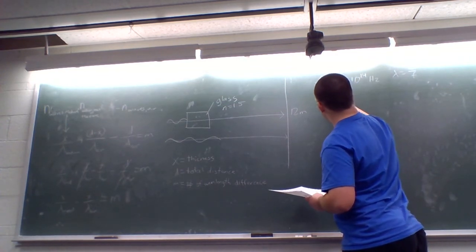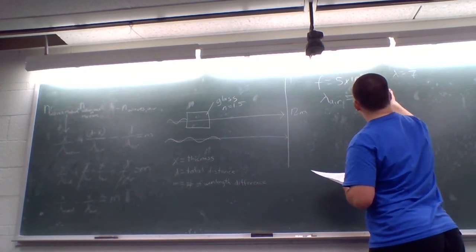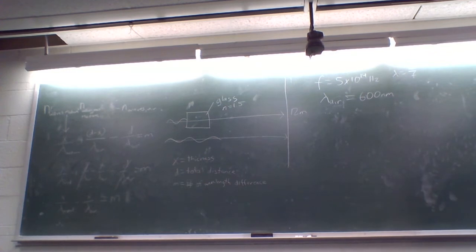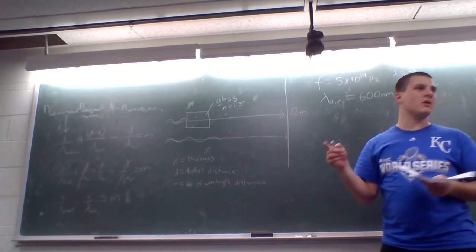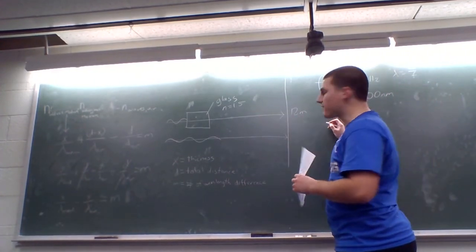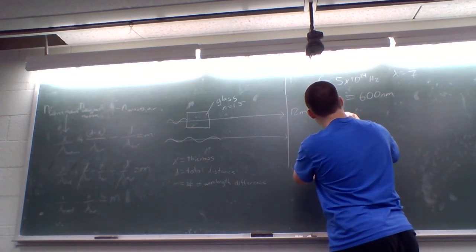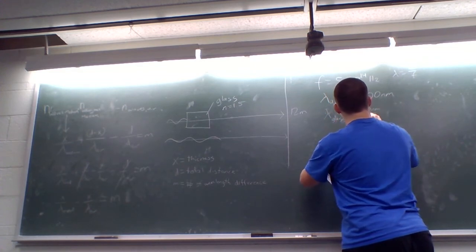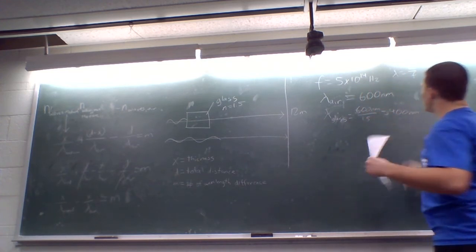You always need to find the wavelength in air. That's helpful. The wavelength in air is 600 nanometers, or 6 times 10 to the negative 7th meters. It'll also be helpful to have the wavelength in the medium, and since n equals 1.5 for glass, our lambda in glass will equal 600 nanometers divided by 1.5, which equals 400 nanometers.